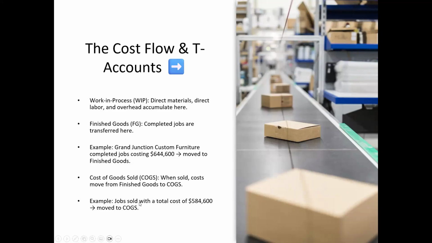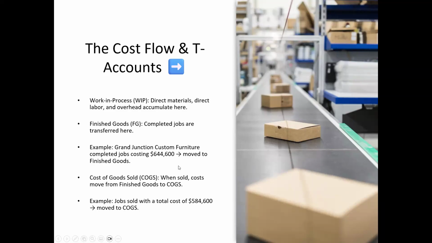Let's say, for example, that for job 27 or different jobs that were sold, which means we completed those jobs and delivered them to the customer, and that job was 584,600, then the value that will be included in the cost of goods sold will be 584,600.